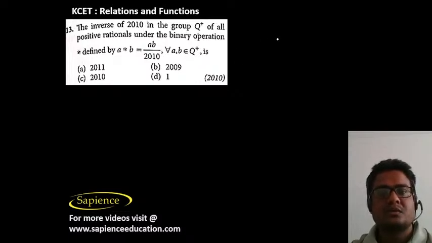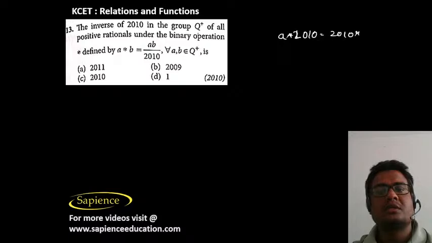So here, A star 2010 is equal to 2010 star A, since both will be equal to 2010 into A by 2010, which is equal to A.